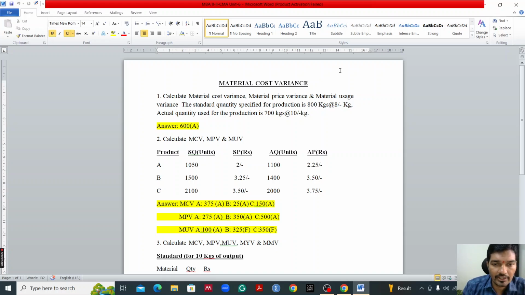The actual quantity used for the production is 700 kgs and the actual price is 10 rupees per kg. With the help of this simple problem, we need to find out material cost variance, material price variance and material usage variance. So let us start with the material cost variance.